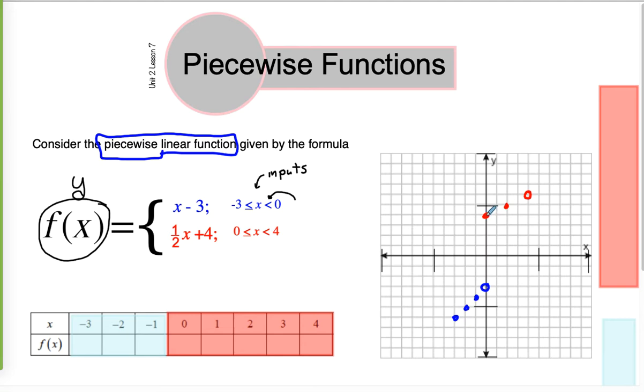Now, if I were to draw the line, that's what this would look like, and this is indeed a function. Remember right here, if I drop a straight line on the y-axis, I do not go through 2 points, because that point right here is open.